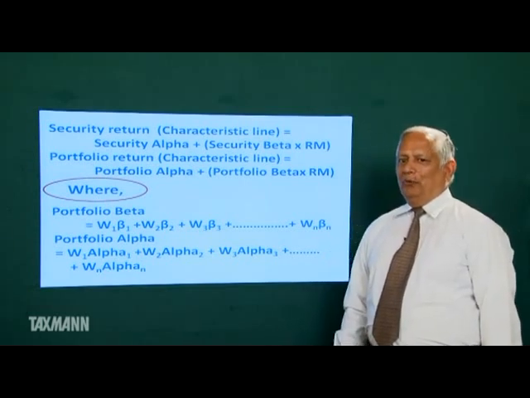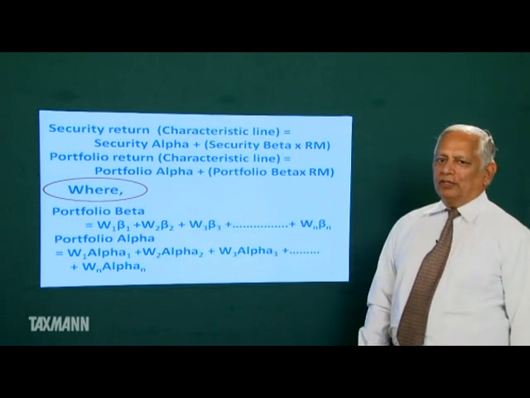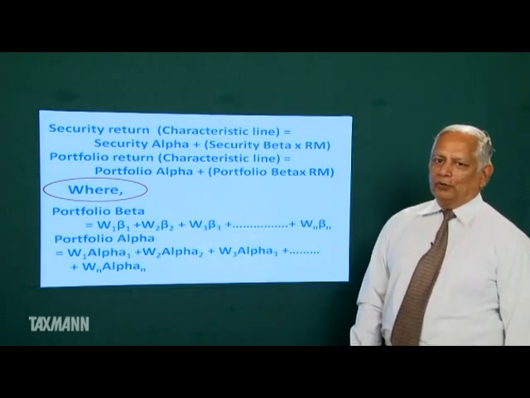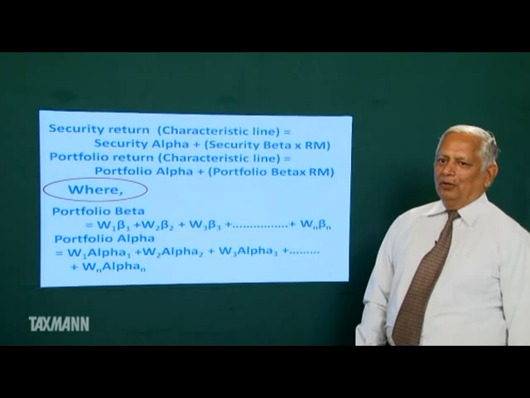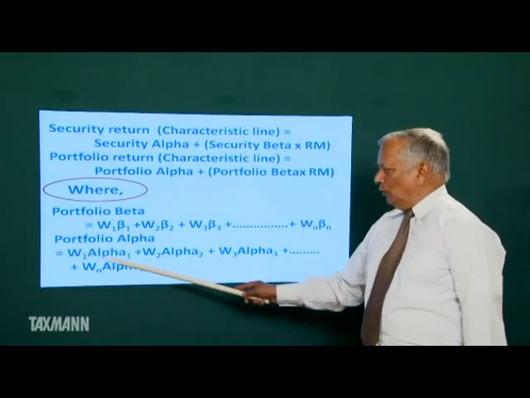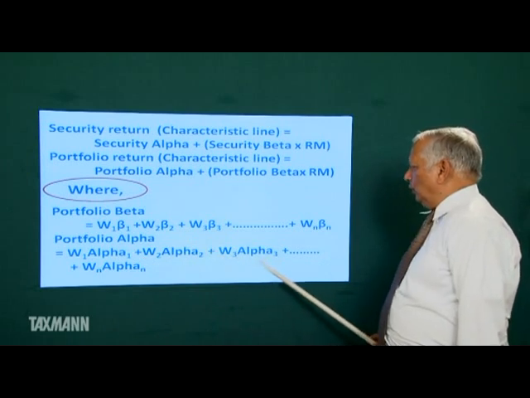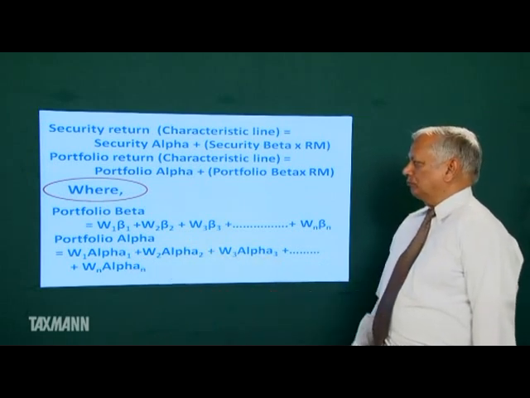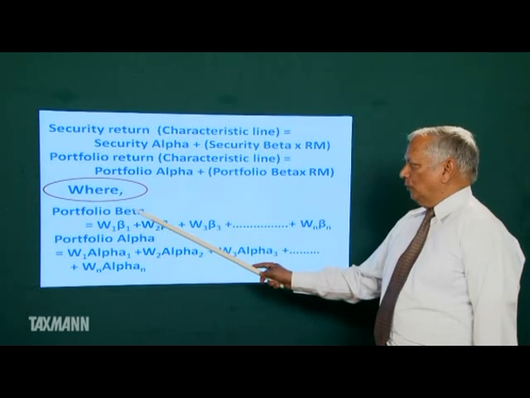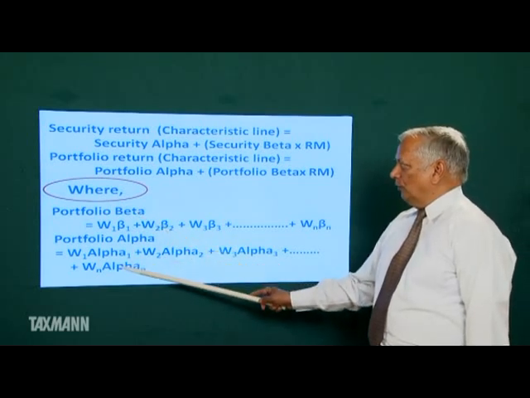Portfolio alpha is weighted average of alphas of the securities constituting the portfolio. So, W1 into alpha 1, W2 into alpha 2, W3 into alpha 3 and so on. This is portfolio beta, this is portfolio alpha.